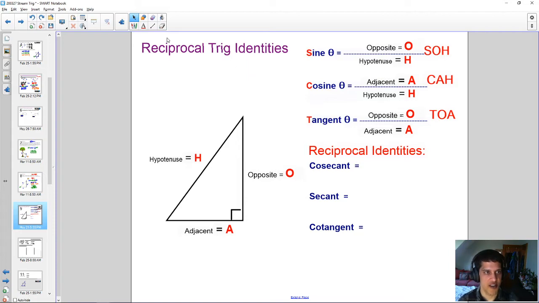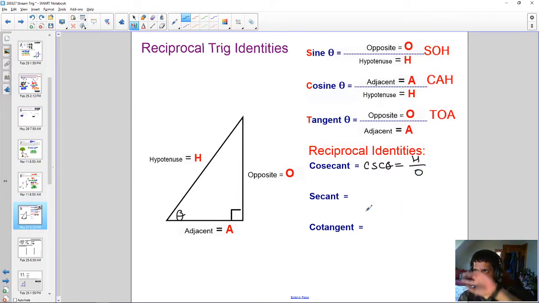So cosecant, we write out as cosecant theta. And cosecant theta is going to be, instead of opposite over hypotenuse for sine, hypotenuse over opposite.